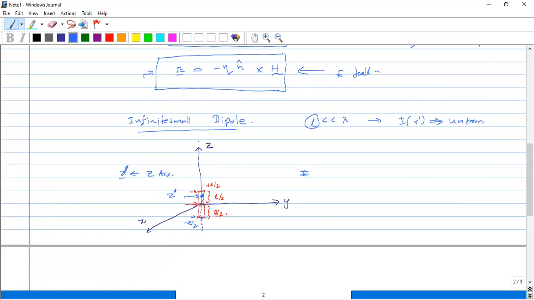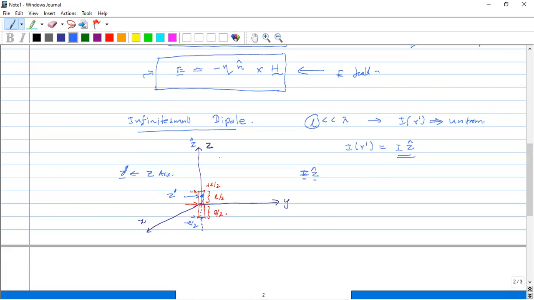We denote the direction using a unit vector, Z hat. So the current is I Z hat. This is the magnitude and this is the vector part. That is the current through this conductor, uniform and not changing. Actually that is the current at this point R dash. It is nothing but I Z hat, because this current is in the Z direction.